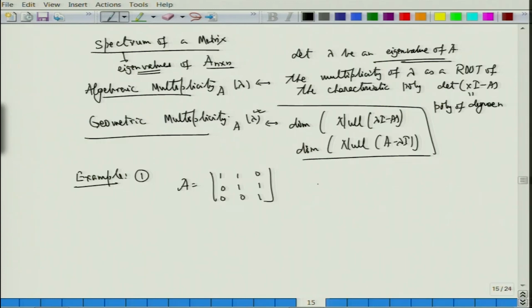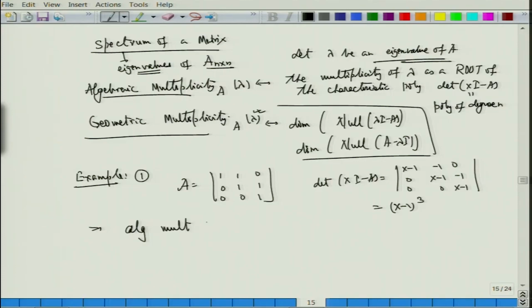So, I want to compute the determinant of xI minus A, which is the same as the determinant of the matrix with rows x minus 1, 0, 0 x minus 1, 0, 0 x minus 1. So, this is an upper triangular matrix. So, the determinant of this is (x minus 1) to the power 3. So, this implies the algebraic multiplicity of 1 as an eigenvalue of A is 3, fine, because 1 is repeated thrice.